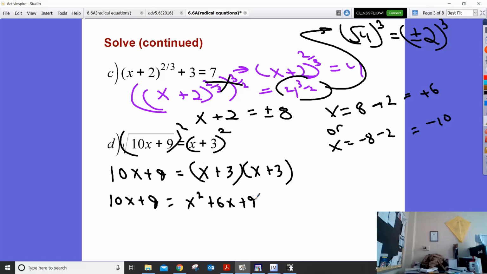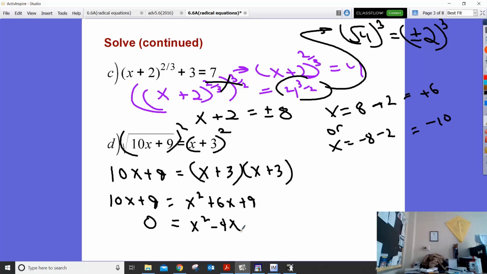Combine like terms. It has to be on one side. X squared is positive on the right, so I'm going to leave it on the right. 0 on the left. 6x minus 10x, negative 4x, and the 9's cancel.